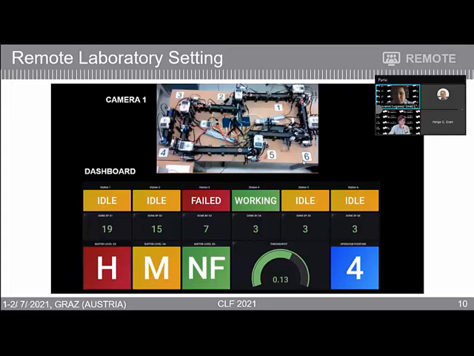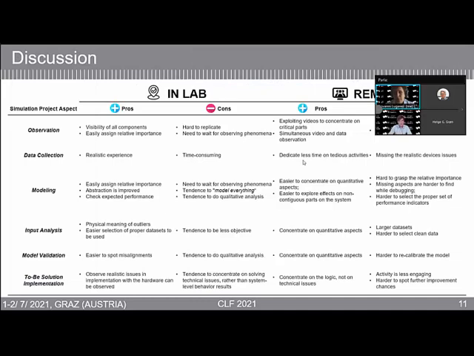We think that the experience with respect to the observation of the system and the data collection was quite comparable to the experience of previous years. This is also thanks to the setting that we provided and the possibility to dedicate time to the important part of data collection and observation. And so we think that this can be considered quite comparable.